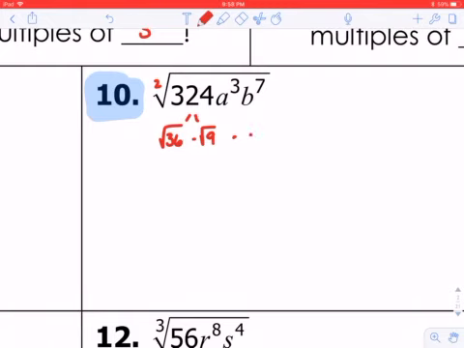So that would be the square root of a squared and the square root of a. So notice I just broke that 3 up, and I can simplify one of those, not both of them. I'm going to do the same thing with my b. I'm going to write this as the square root of b to the 6th times the square root of b to the 1st. 6 plus 1 is 7, so I just broke it up.